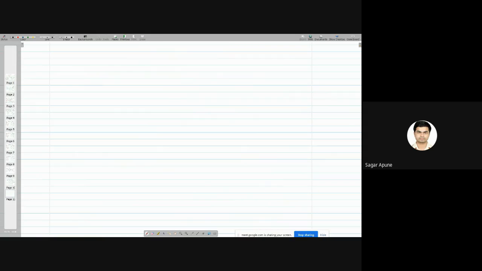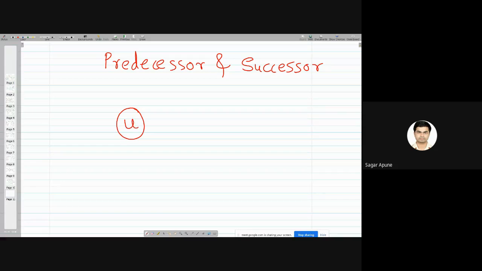Okay, next is predecessor and successor. Suppose I have two vertices named U and V. Here vertex V is reachable from vertex U, right?